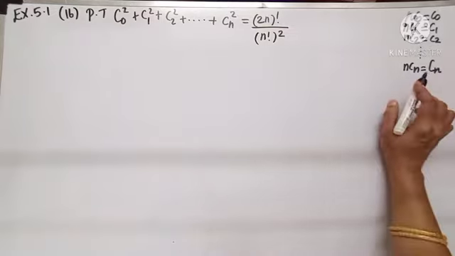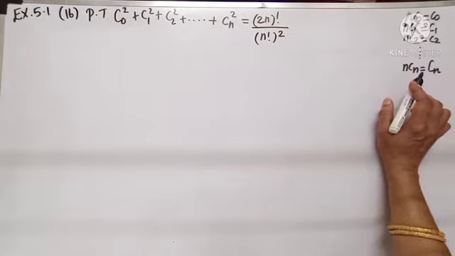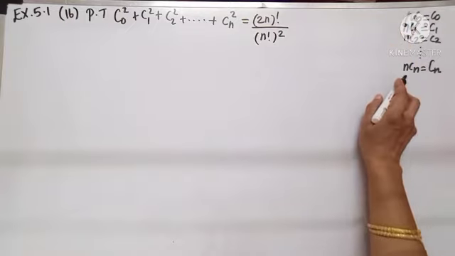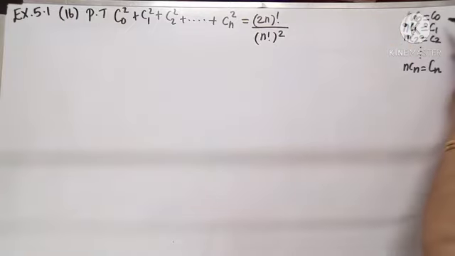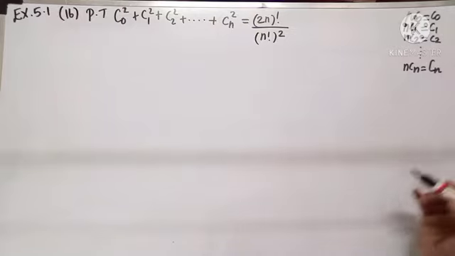In the introductory part of binomial as well as combination, we learnt the combination coefficients can also be denoted as C0, C1, C2 and so on up to Cn.